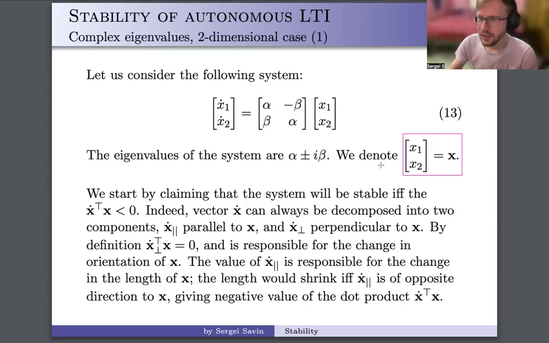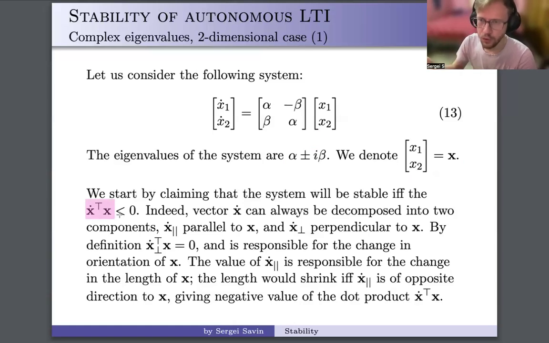So let us consider stability of the system. Here I'll make an interesting argument of how to analyze stability of the system. The argument is slightly different from what we saw before, but hopefully it will be clear. Let's see if we can manage. So first I make a claim. I claim that for the system to be asymptotically stable, x dot times x should be negative.